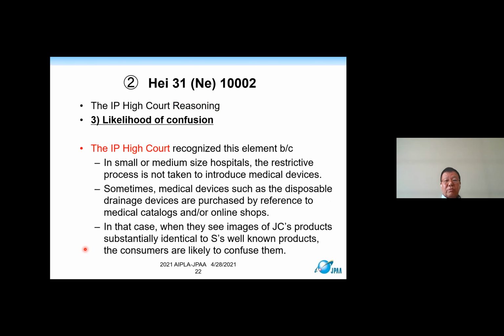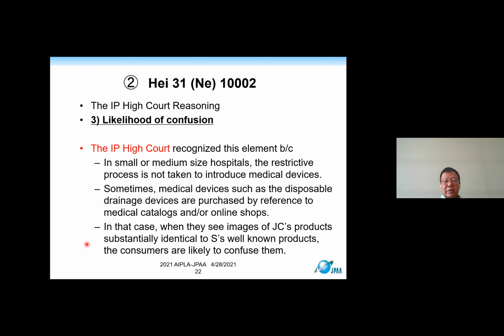But the IP High Court recognized the likelihood of confusion because in small or medium-sized hospitals, the restricted internal process is not taken to introduce medical devices. And sometimes a medical device such as a disposable drainage device is purchased by reference to medical catalogs and online shops.